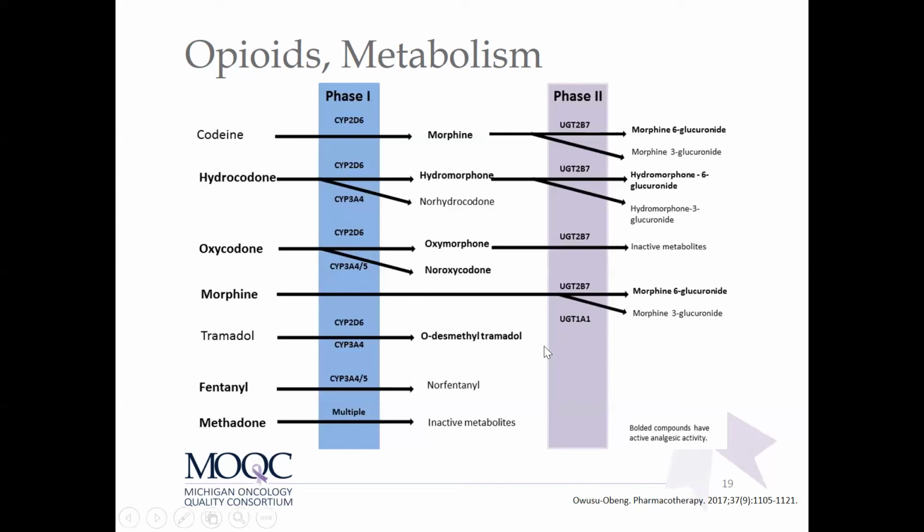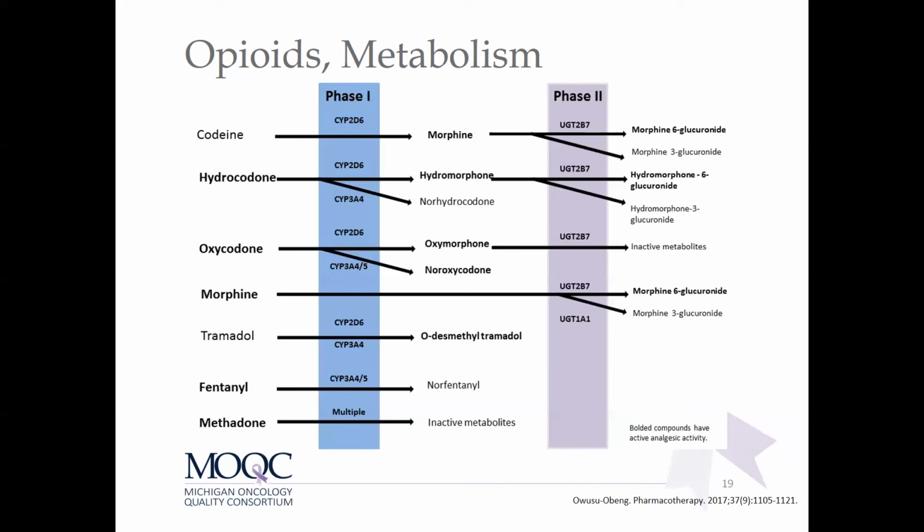But again, hydromorphone itself is only shown in the middle because it has phase 2 metabolism to 6 and 3 glucuronides, although it doesn't appear that the rate of neurotoxicity is as great with that drug as it is with morphine. Oxycodone is somewhat different. It has phase 1 and 2 metabolism. It has pretty good bioavailability, north of 50%, metabolized though by 2D6 and 3A4. There are a number of abuse deterrent formulations, but none of them have really panned out.